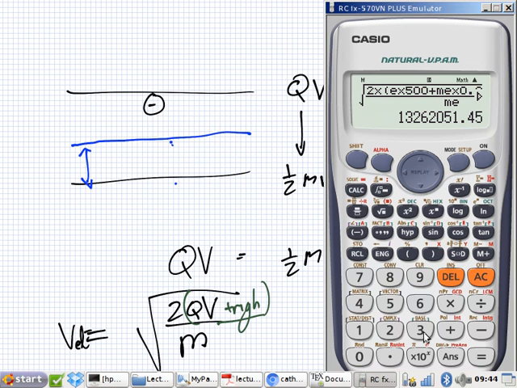I can't even tell if that's even different. Is it exactly the same? 1, 3, 2, 6. No, it's exactly the same. I thought it was 400 different. It's 13262051445. Yeah, it's the same number either way, 13261.